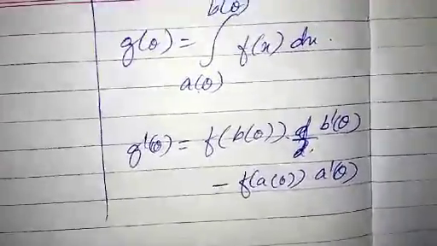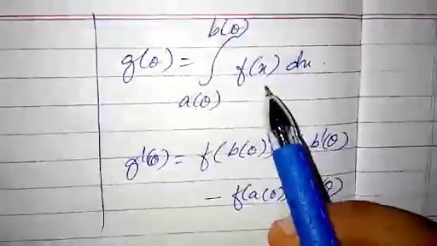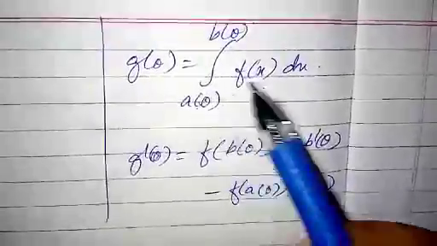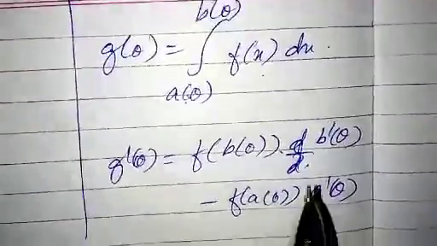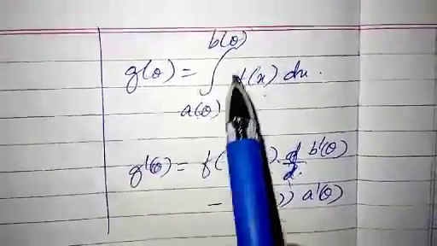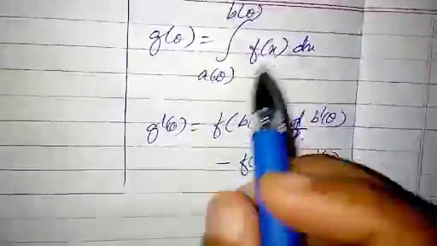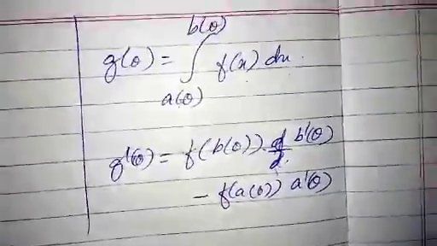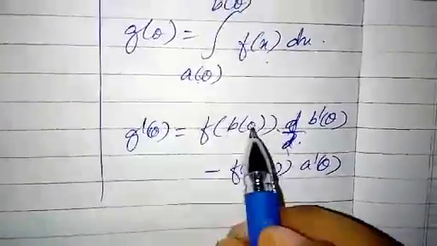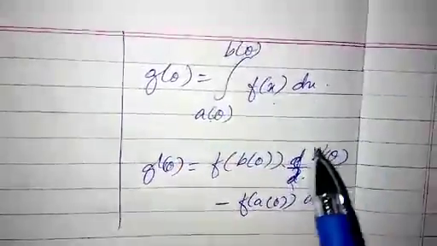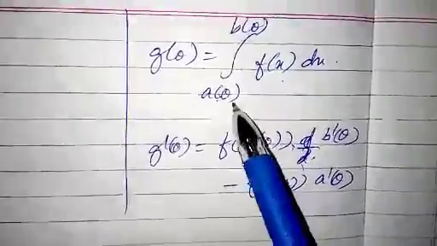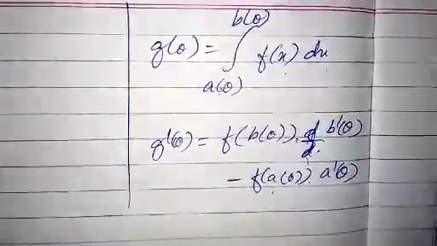This is Leibniz rule. Understood? Here f of x is free from the parameter, but the limits depend upon the parameter, so we can use Leibniz rule for differentiation.